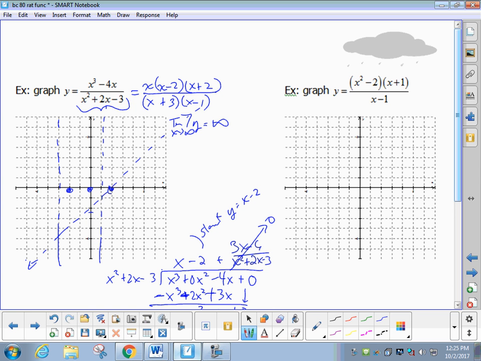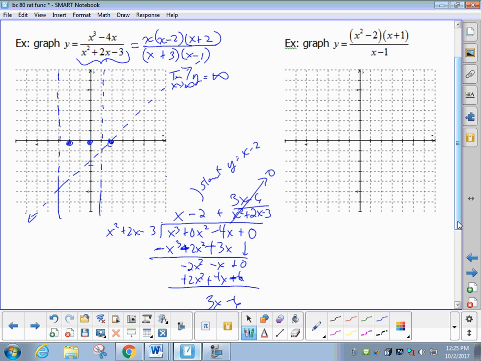Do you start on the far left or the far right? What's your habit? Left. Okay, at far left, maybe negative 5, I'd have five negatives, which is negative. So how am I going to be negative and follow these asymptotes on the left side of negative 3? You would have to be in that little part. Can it be here? No. Why not? Because it would cross the x-axis.